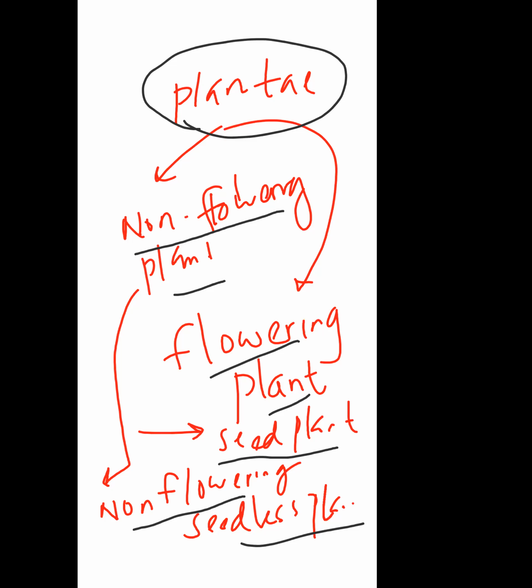Flowering plants are dicots and monocots. Okay, so I will write.